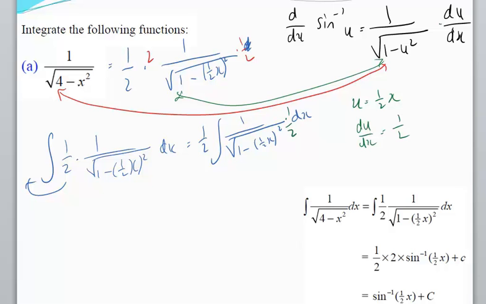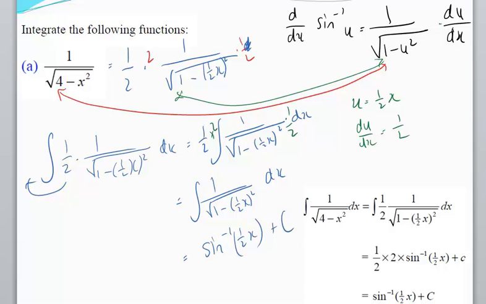So multiplying by a half, and then at the front multiplying by 2. Now a half times 2 is just equal to 1. So our integral of 1 on the square root of 1 minus a half x all squared is equal to, now we're in exactly this format, and we put our u in, so it's our inverse sine of u, which is a half x, plus our constant c.